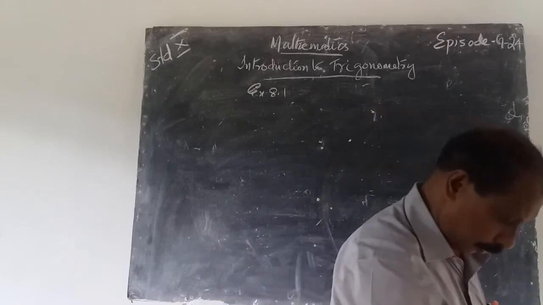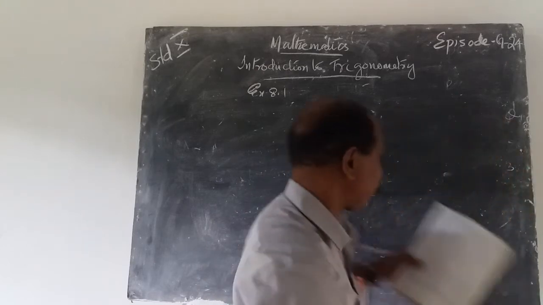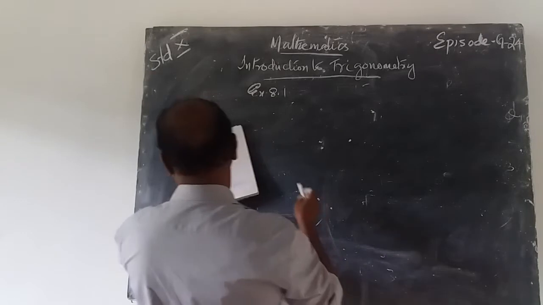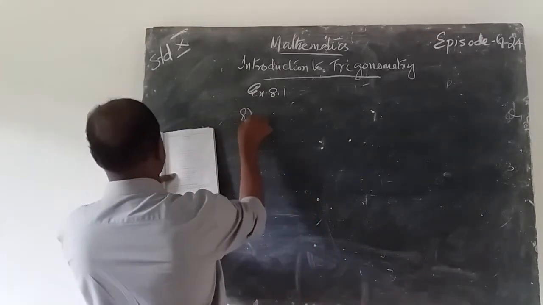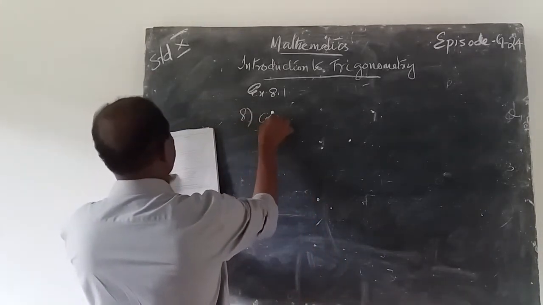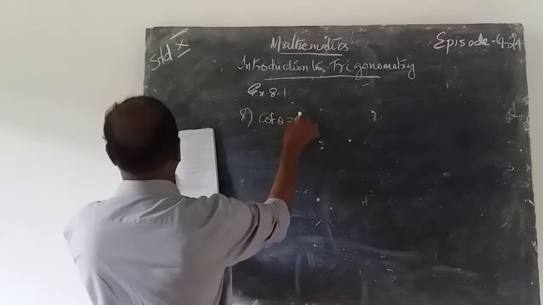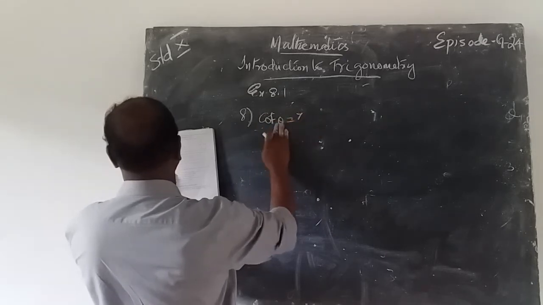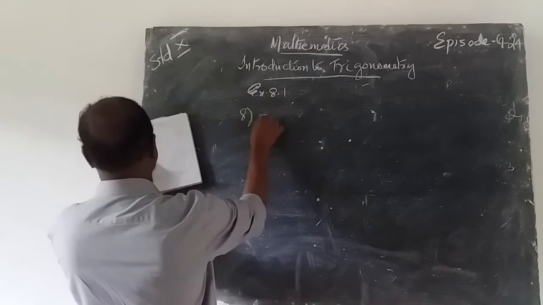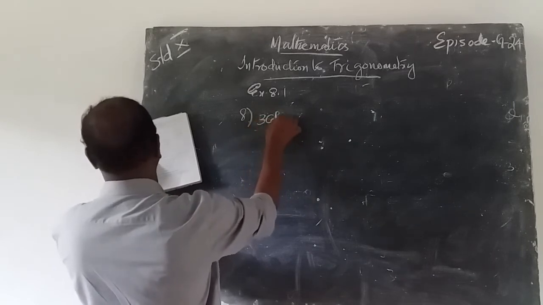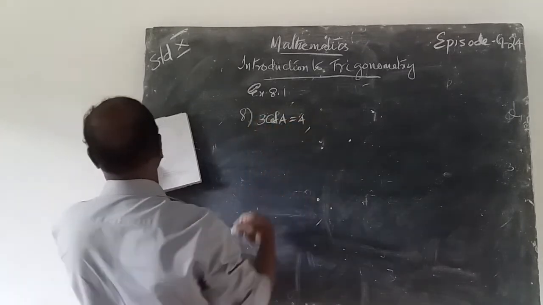Then next, question number 8. 3 cot A is equal to 4.